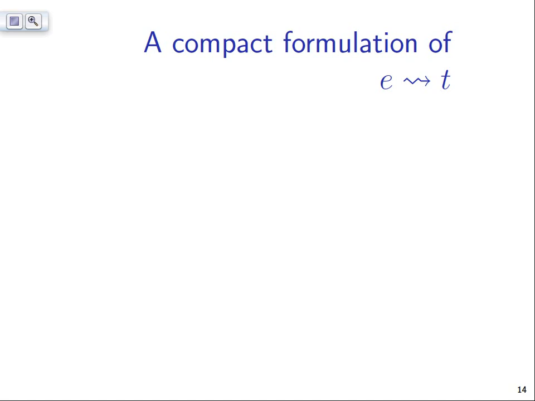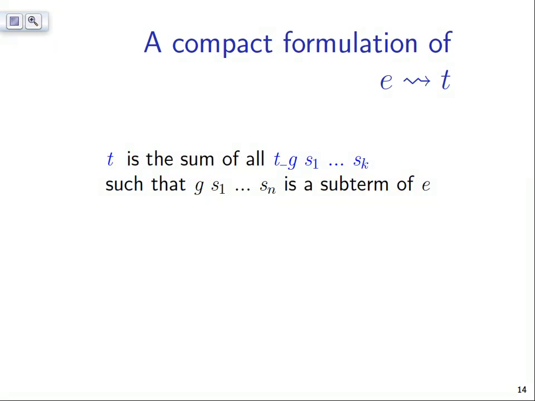How do we translate an expression into its time expression? Well, we just say the time expression is the sum of all time functions applied to arguments S1 to Sk if some subterm of E is of the form function call with those arguments.